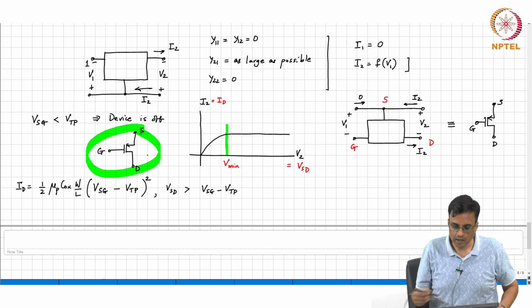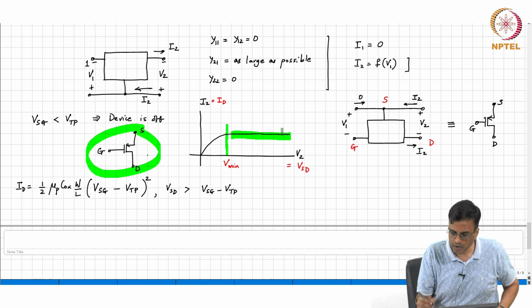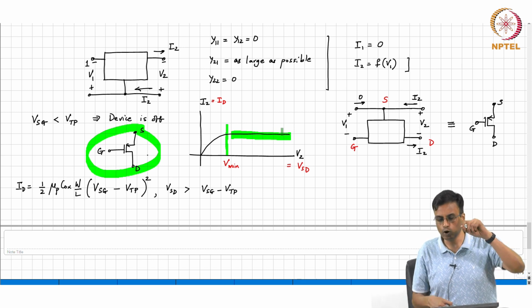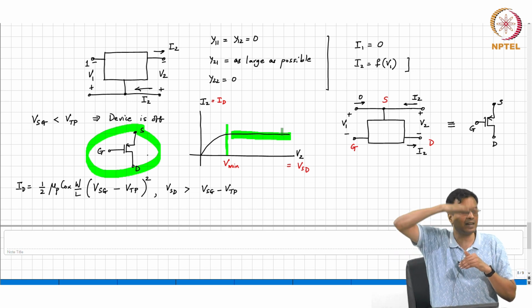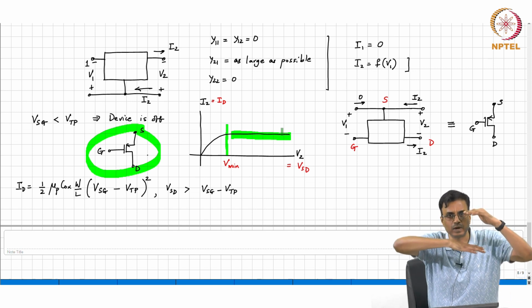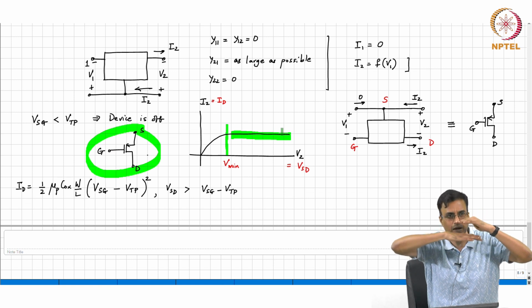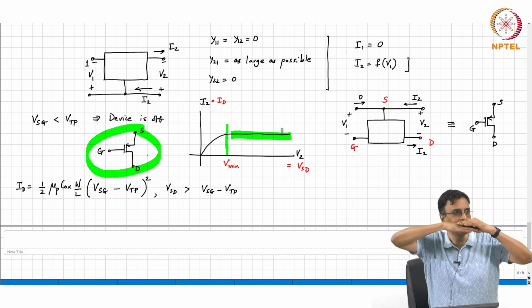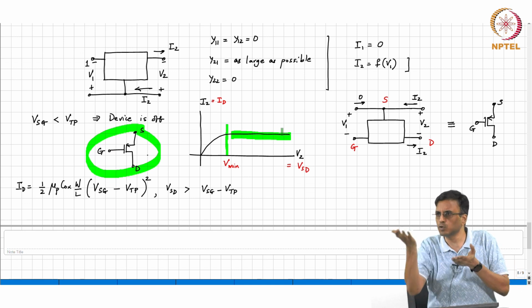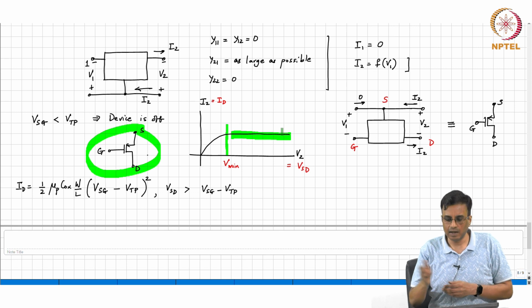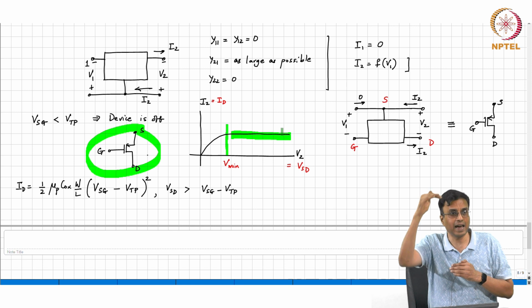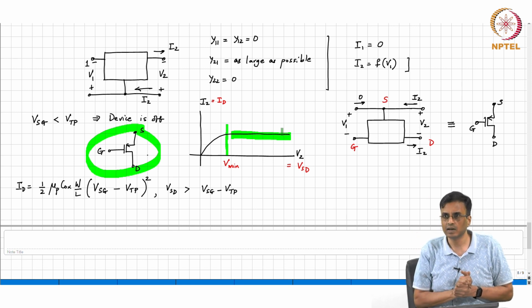When the drain was at a very low potential, there was some current, which is constant. As you keep increasing the drain potential, the potential between the source and drain becomes lesser and lesser, and therefore it becomes more and more difficult to maintain current flow. So as the drain potential keeps going higher and higher is when you have a problem in the PMOS case.